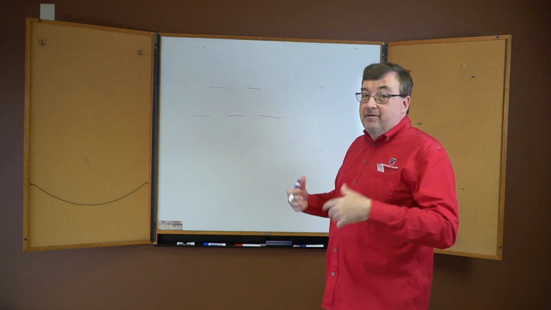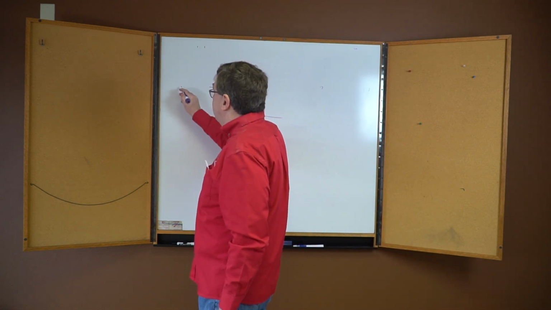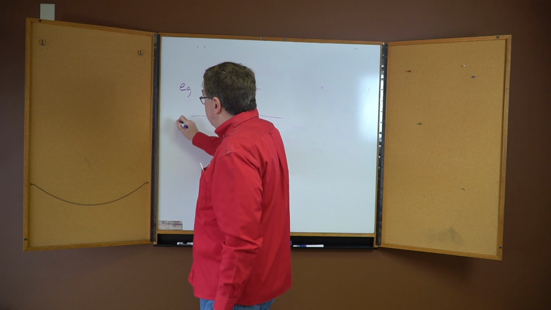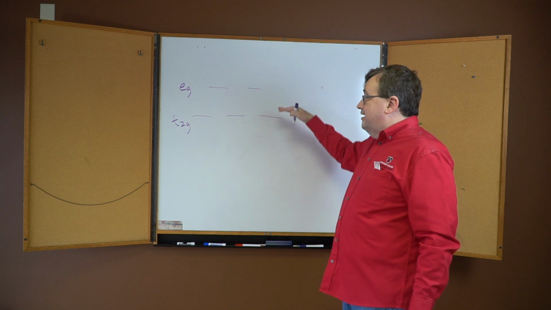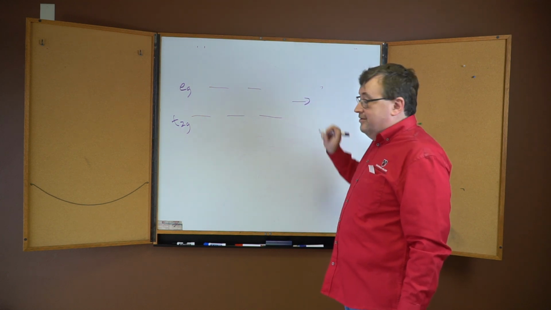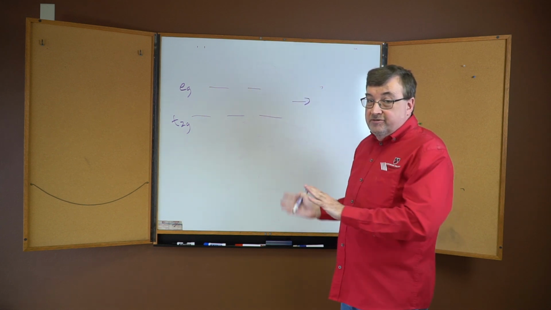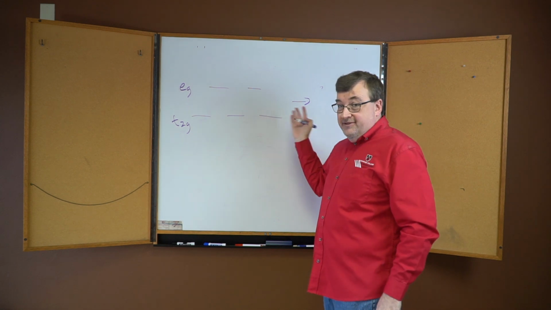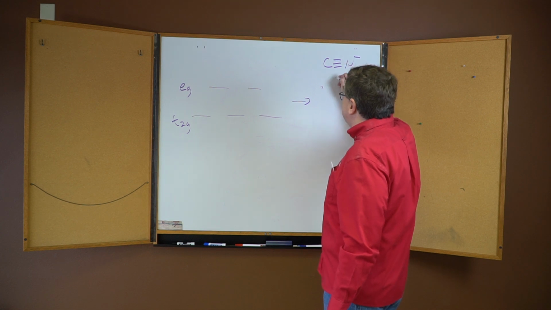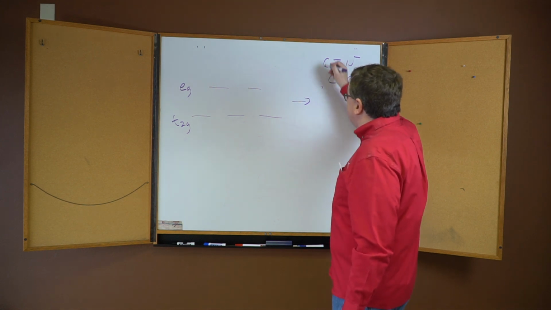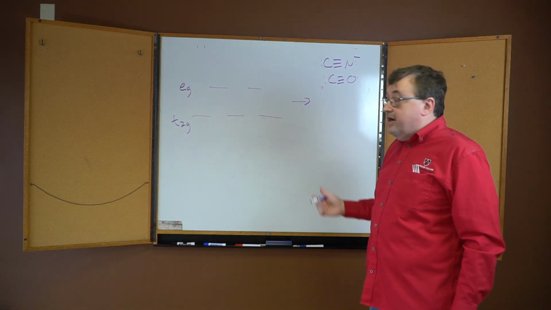Now I'm going to address a little bit about what makes a ligand strong or weak. I'm going to take a metal, have ordinary garden variety, sigma only, so just donating one lone pair, and I'm going to replace those ligands with something that is quite strong, like cyanide or carbon monoxide or the carbonyl ligand.